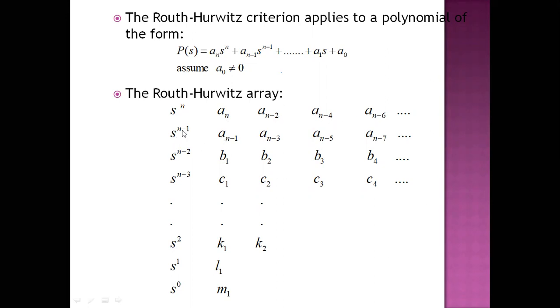Then the coefficient of s power n minus 1 is an minus 1, followed by an minus 3.